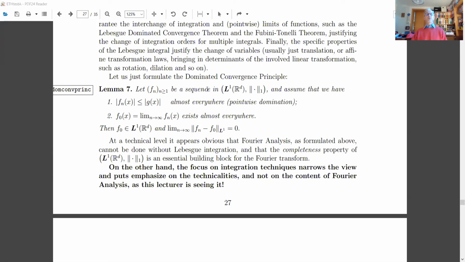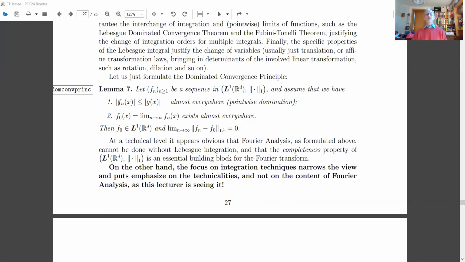Now, there's a very easy example. You take any function, for example, a Gauss function, and you shift it to infinity. Then, of course, at every point, the shifted function fn, shifted by n, will be smaller and smaller. So you move your bump function to infinity. In that case, of course, you don't have norm convergence because the limit will be 0, and all the shifted Gauss functions would have the same L1 norm.